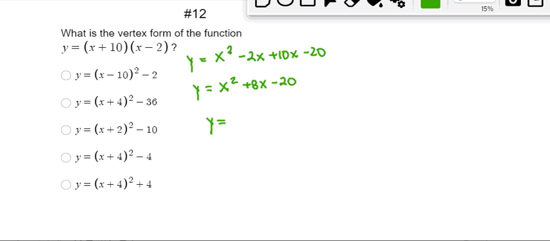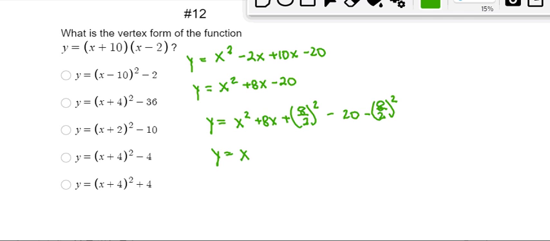So we're going to have y equals x squared plus 8x plus 8 divided by 2 squared minus 20 minus 8 divided by 2 squared. We added 8 divided by 2 squared, so we have to subtract it on the same side to keep a balance.